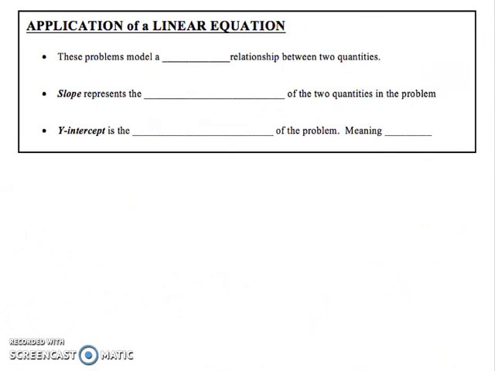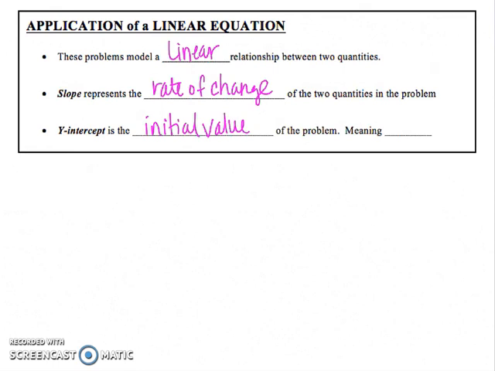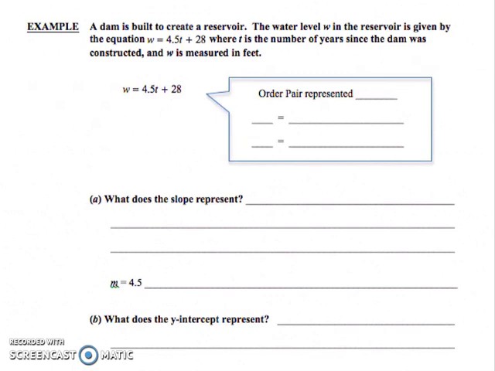Our last section here talks about applications of linear equations. These problems model a linear relationship between two quantities. Slope represents the rate of change of the two quantities in the problem, and the y-intercept is the initial value of the problem, meaning, remember, when you have a y-intercept, x is 0. A dam is built to create a reservoir.